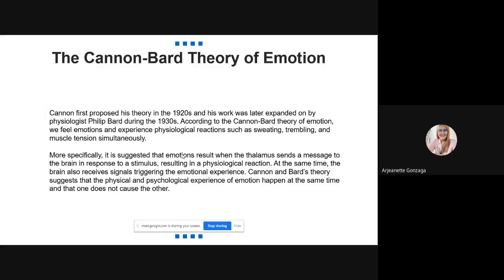So when you encounter a danger in the environment, so kapag nakaramdam ka na mapapahamak ka sa isang lugar, you will often feel afraid. So before you start to experience the physical symptoms associated with fear, such as shaking hands or rapid breathing and a racing heart, hindi mo na kinakailangang makita physically yung mangyayari sa'yo. Mararamdaman mo na lang siya.